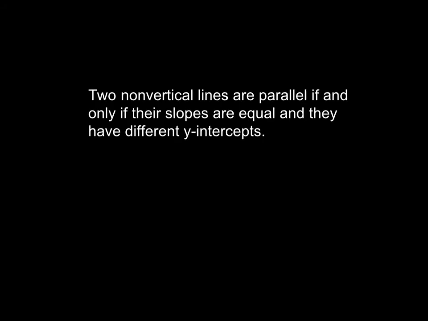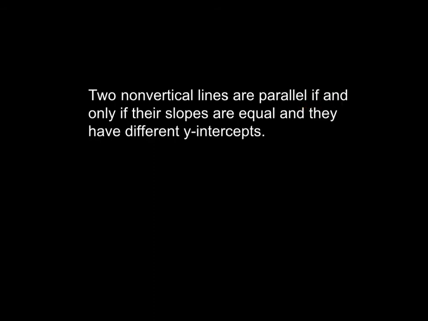Like so. Now they are lines, which means that they will always go in one direction and never change. Now, the theorem of parallel lines goes that 2 non-vertical lines are parallel if and only if their slopes are equal and they have different y-intercepts.